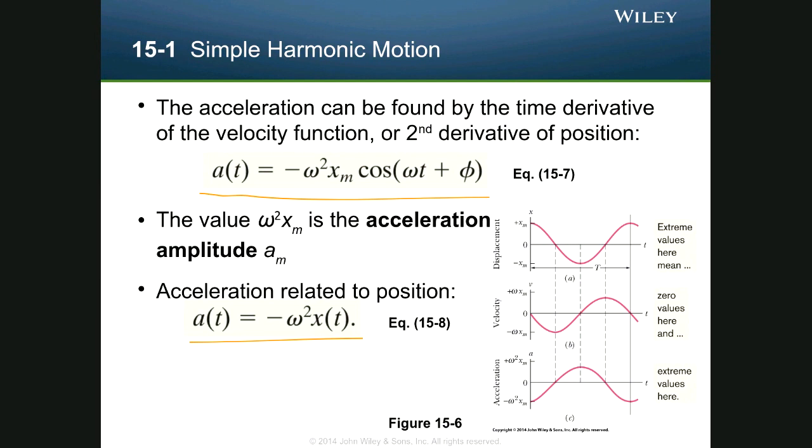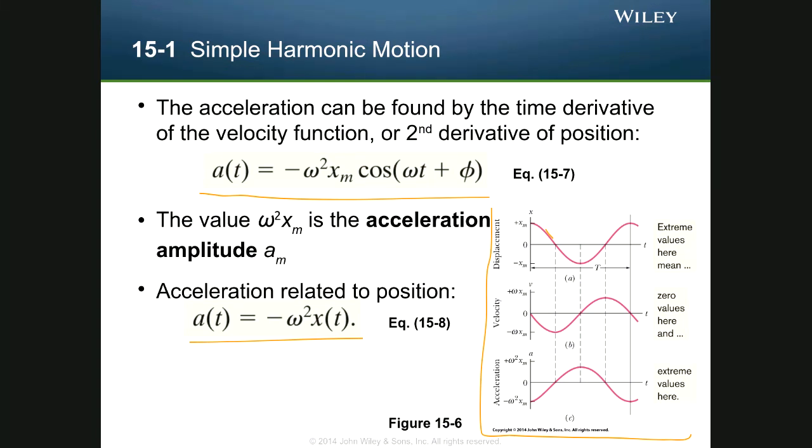Even though we have all those equations, we already derived them and understand where they come from. What we want to really focus on here is, given a displacement function, we want to look at the velocity and acceleration vectors.